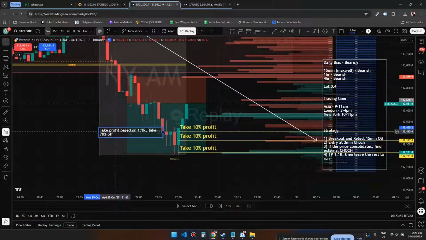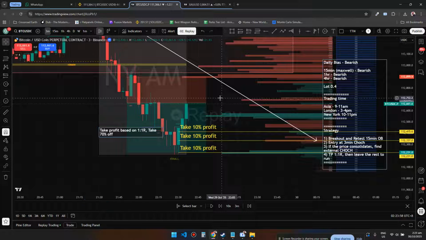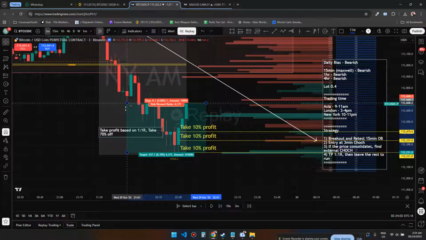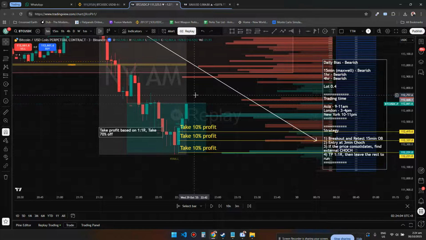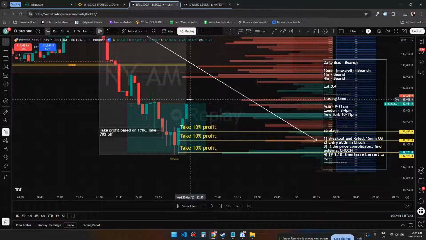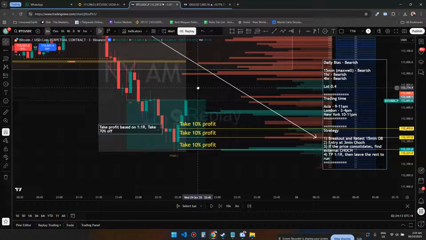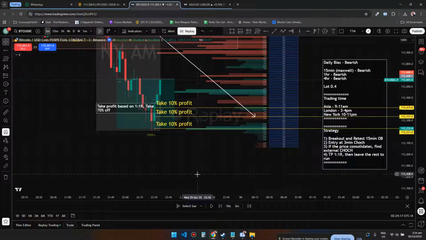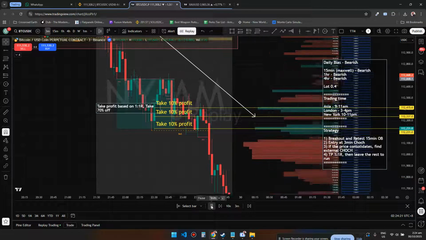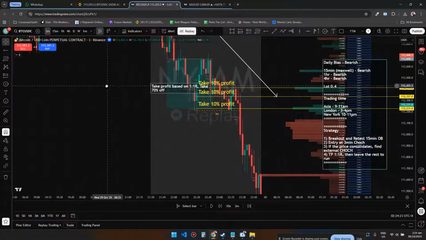Once I took all this profit, I put my stop loss to break even to protect my profits. So you can see that the price actually moved up to my break even point. That means I didn't lose any money. And then afterwards, the price continued moving downwards.